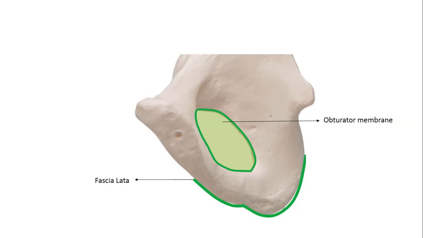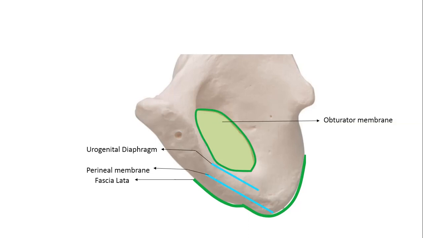This area, or inner surface of the ischiopubic rami, is divided into three parts by two structures. One is the urogenital diaphragm. So this is the attachment of the urogenital diaphragm. Another one is the perineal membrane. So this is the attachment of the perineal membrane. So these two structures divide the inner aspect of the ischiopubic rami into three parts: upper, middle, and lower.